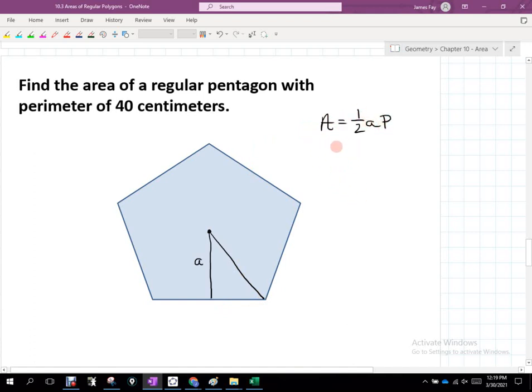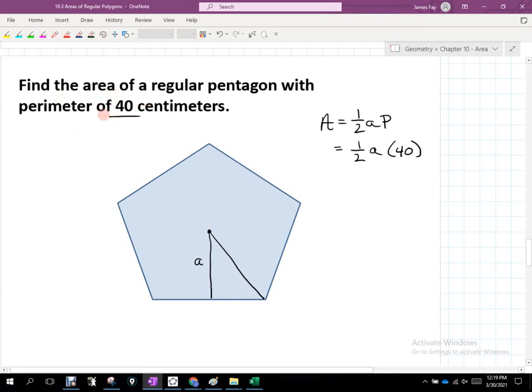It says the perimeter is 40 centimeters. So I have 1/2 my apothem times 40. If they give me the side lengths or the perimeter, then we have to work to find the apothem. If they give you the apothem, you'll have to work to find the perimeter. But the amount of work is about the same regardless of what part they give you.